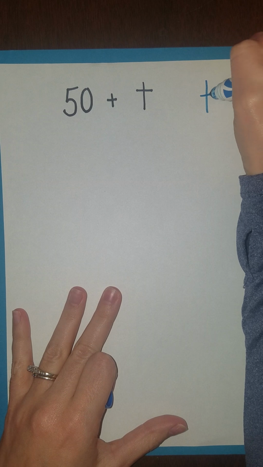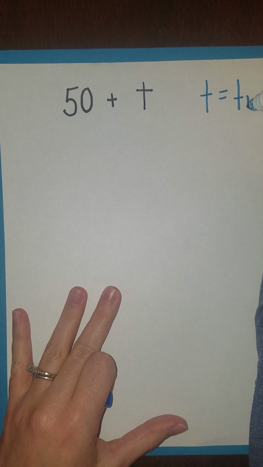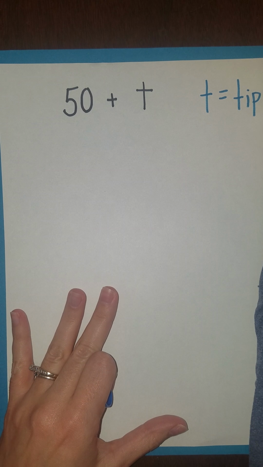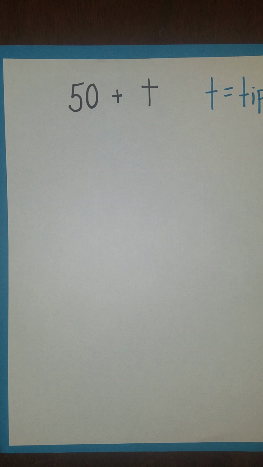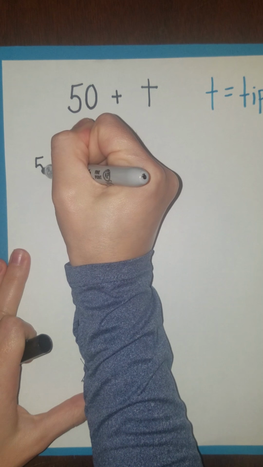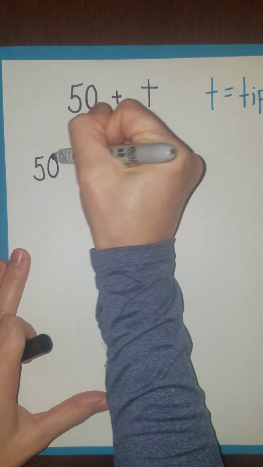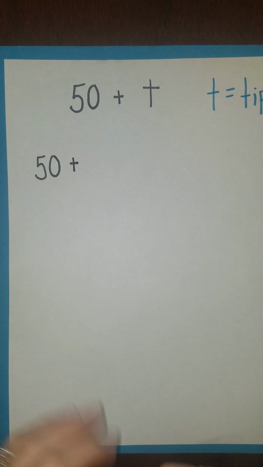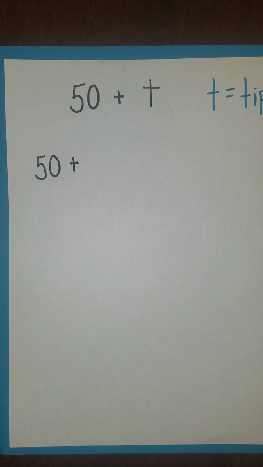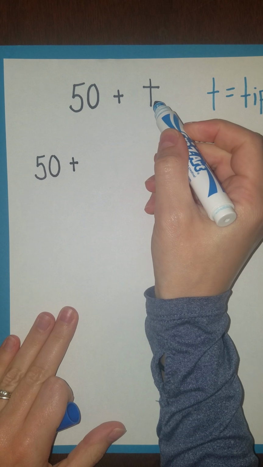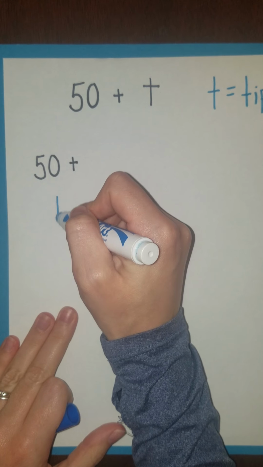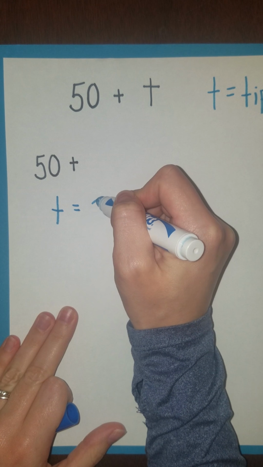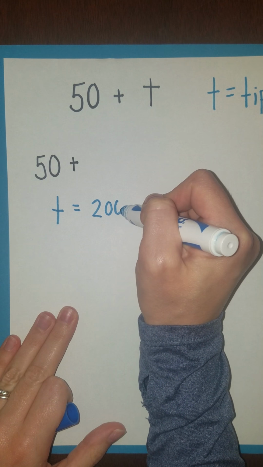My tips can change. So if I was still making that $50 because I'm working for 5 hours, but I worked on Valentine's and I earned $200 in tips, my T for Valentine's Day would equal 200.